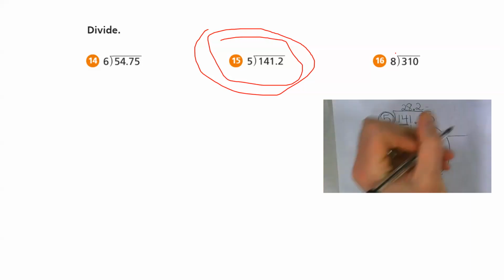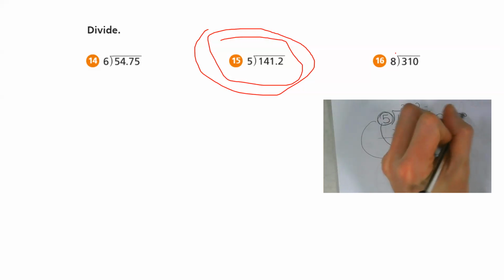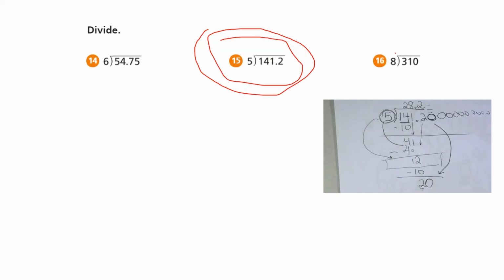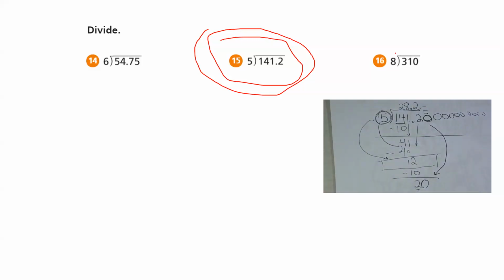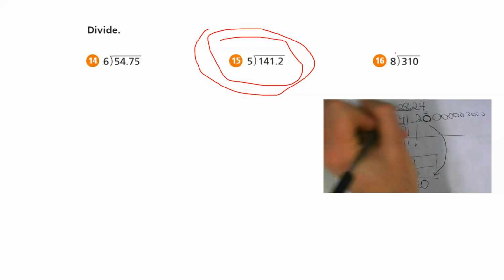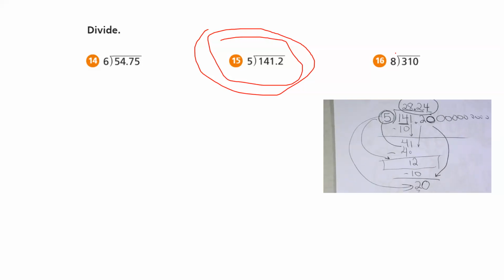So I have infinite zeros I could pull down to get rid of my remainder. So I could pull down the 5. How many 5s are in 24? I'm done. Whoa, that's confusing, Mr. Stoll. Yeah, it won't be when we continue rocking it.